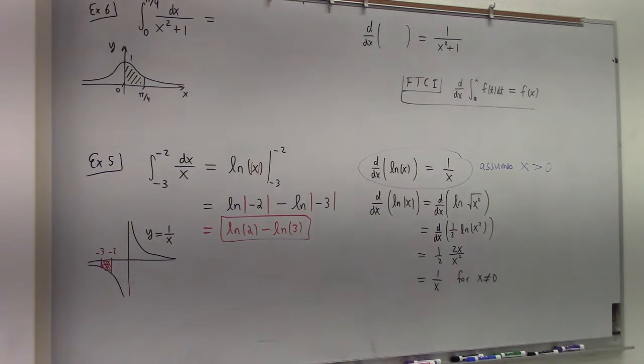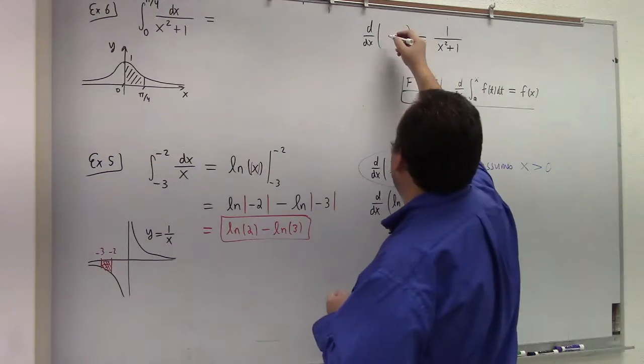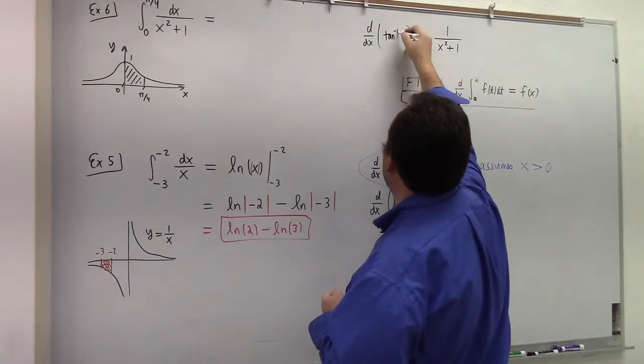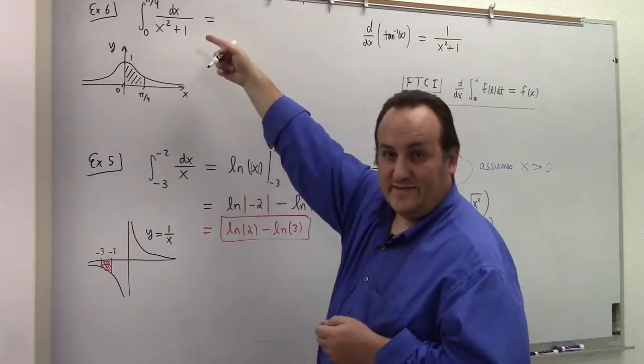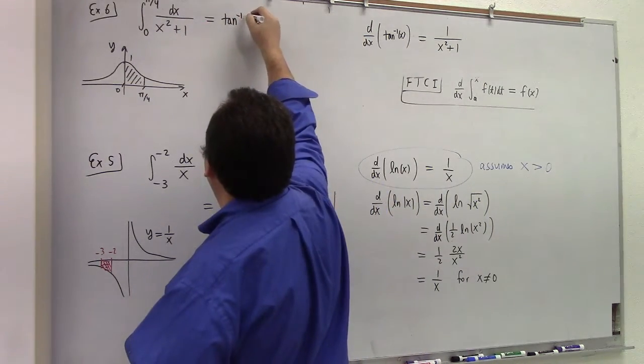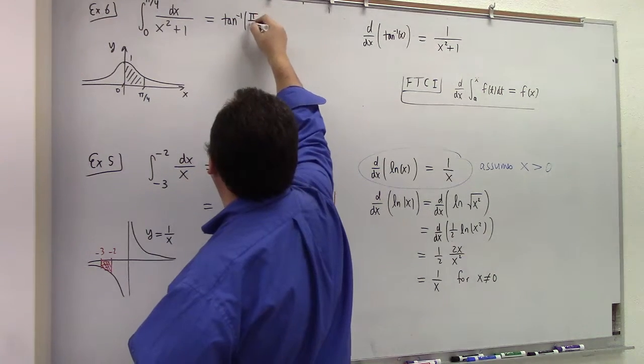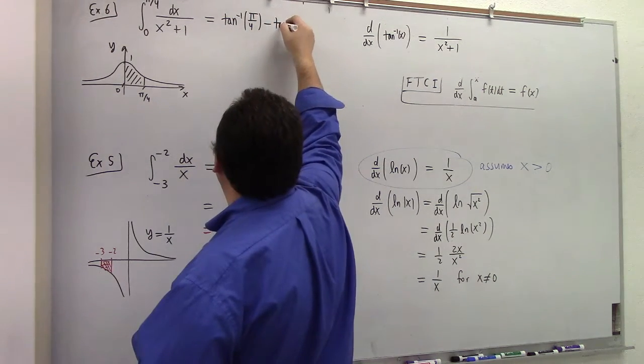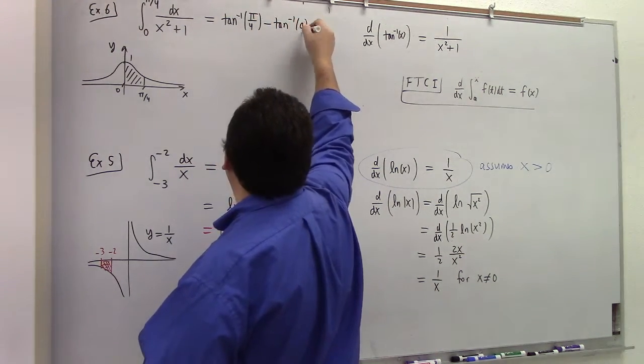You're on the hunt. Yeah, inverse tangent. Inverse tangent is the one. So that's what we want here. Inverse tangent of pi over 4 minus inverse tangent of 0 by FTC2.